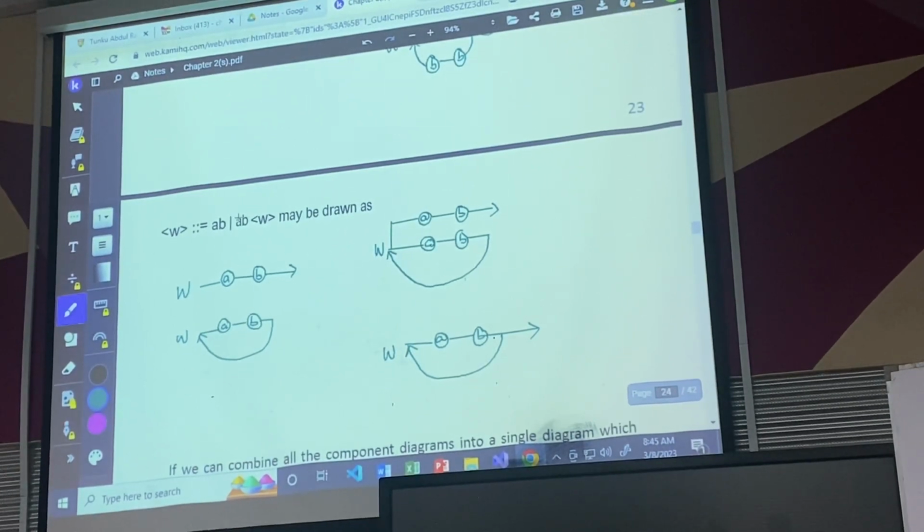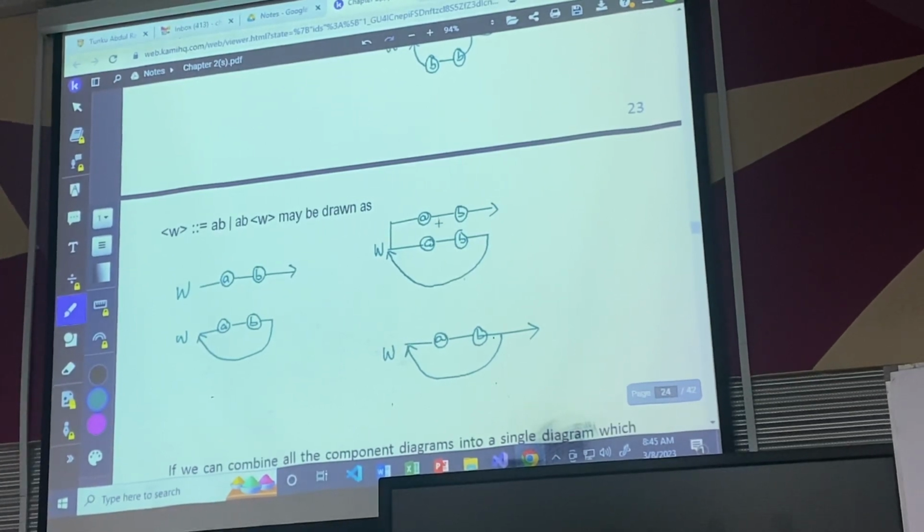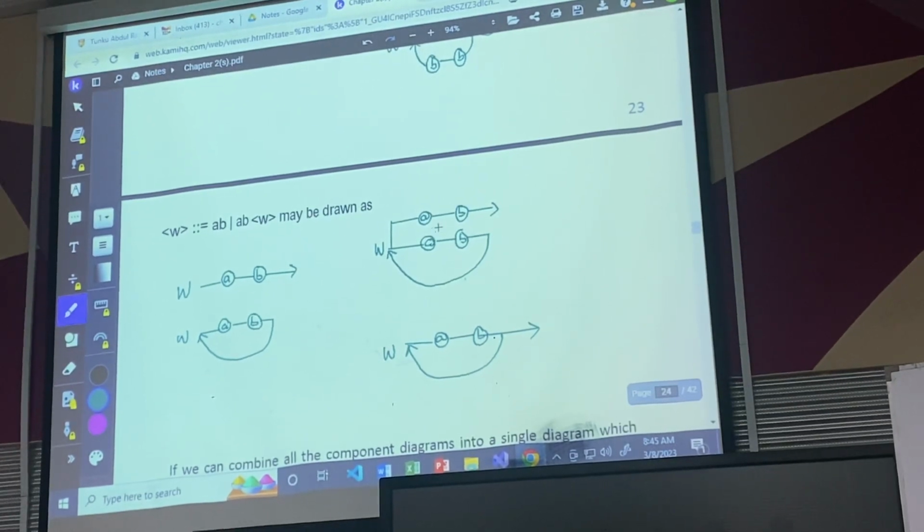If you substitute with ABW, then after the AB, you go down to the loop, go back to W again, and repeat ABW, ABW until you substitute with AB for the W. Okay, so these are 2 alternatives. If you don't want to go out from the AB here, then you go out another way, a separate way for AB itself. Then this one is only the loop for ABW.